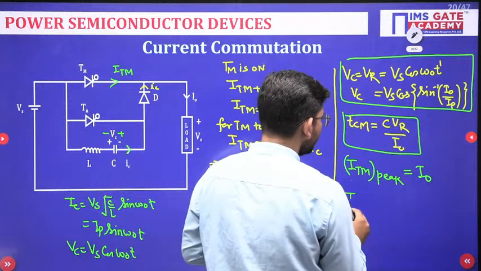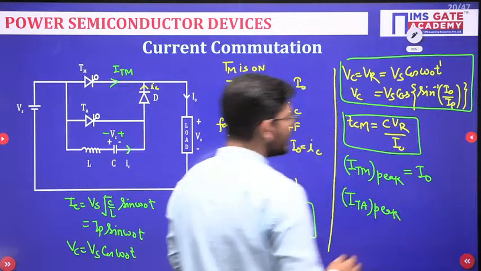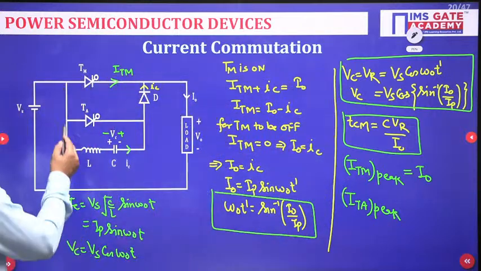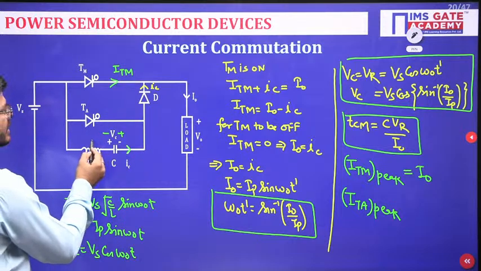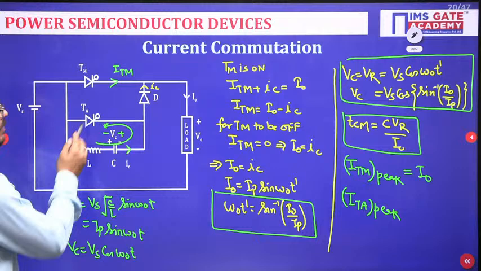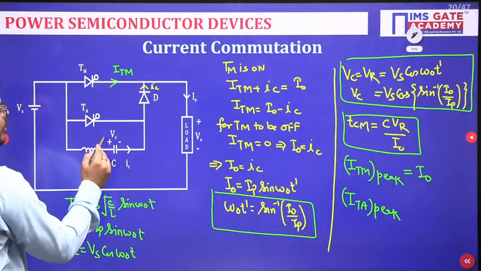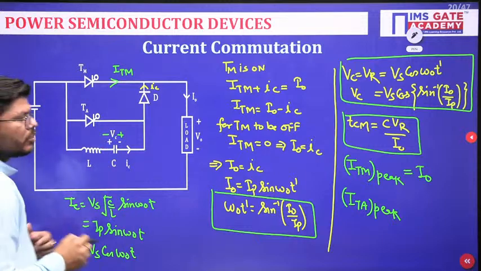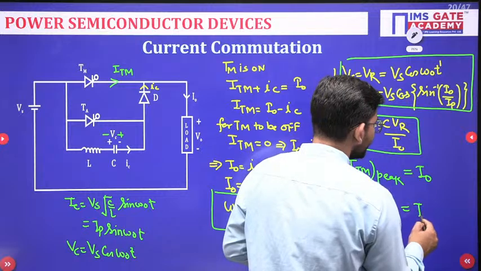And if I ask you what is the ITA peak, what is the peak current that the auxiliary thyristor has carried? The auxiliary thyristor is carrying the current IC. Just see, IC current will be flowing like this initially when TA is on, so TA will carry IC current. So what is the peak value of IC current? It is IP.